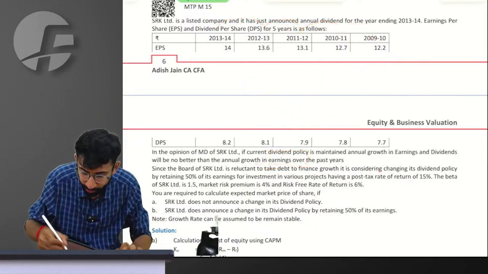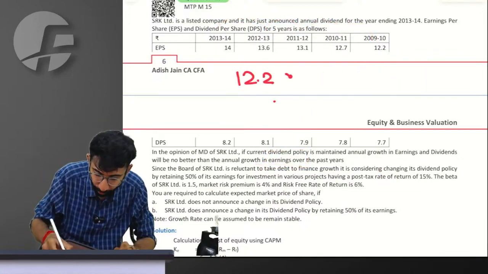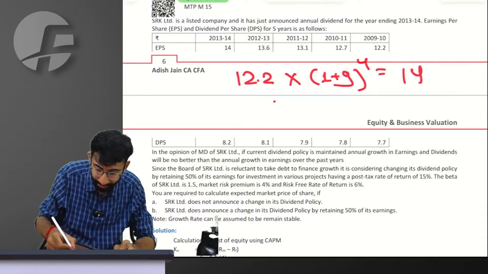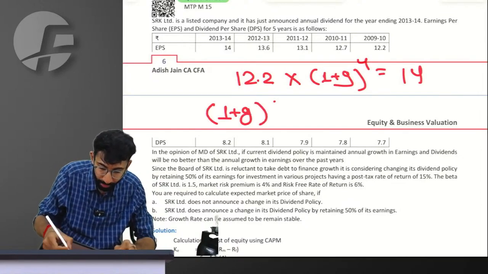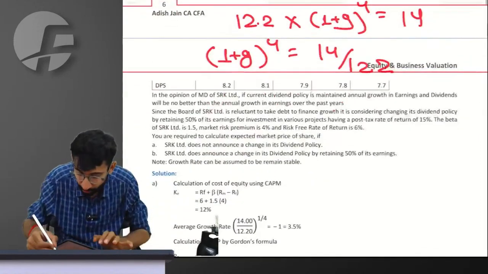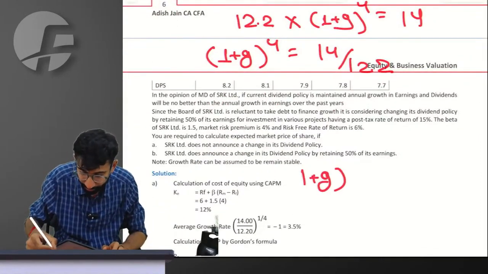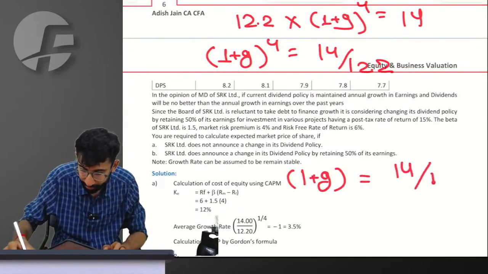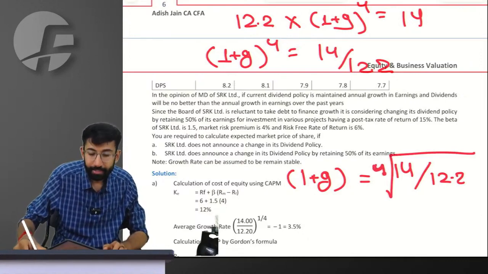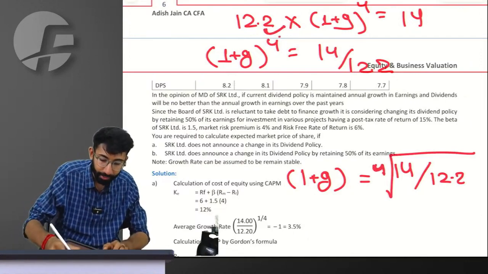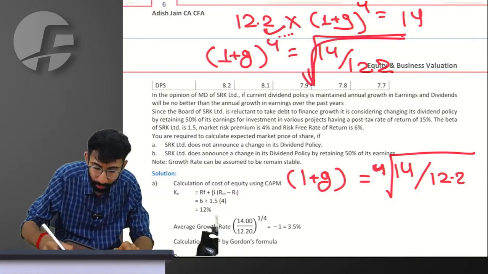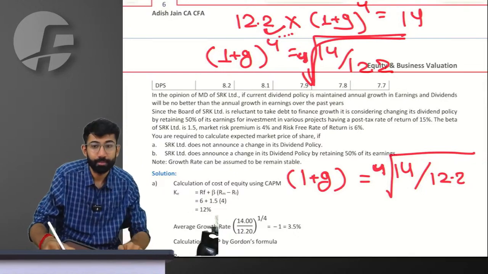How many of you know this logic? Let me tell you. When you say 12.2 into 1 plus growth rate to the power 4 is equal to 14, it is like 1 plus g to the power 4, obviously 14 divided by 12.2. Next step is important. It is like 1 plus g is equal to whatever your answer, 14 divided by 12.2. What is here to the power 4 in the LHS, if you take it there, it becomes the fourth root of this number.